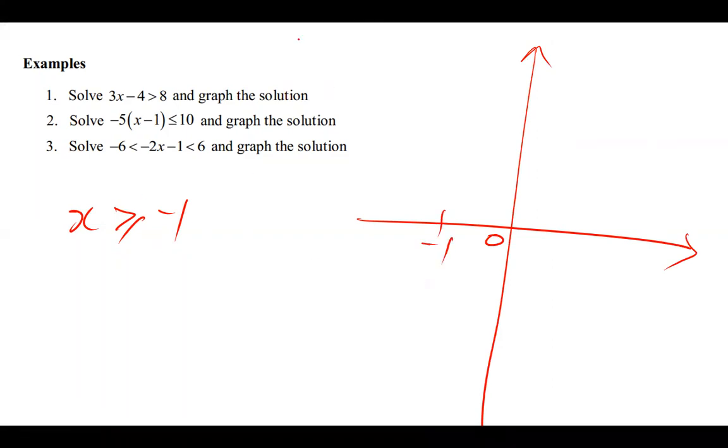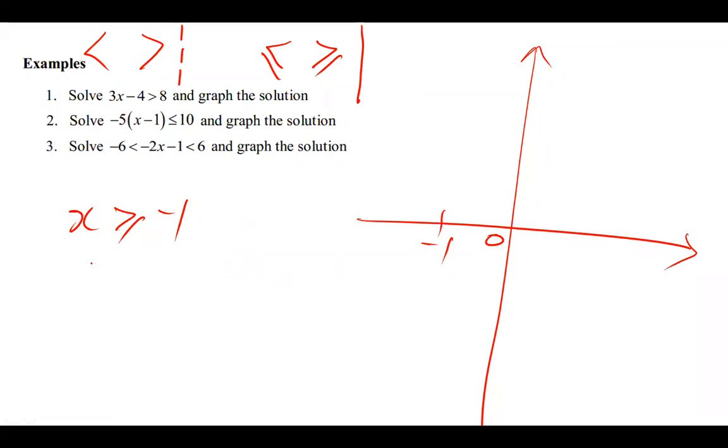If you have this kind of symbol, greater or equal to or less or equal to, you draw a bold line. But if you only have a less than symbol or a greater than symbol, you draw a dotted line. That's one of the most important things that you need to know.